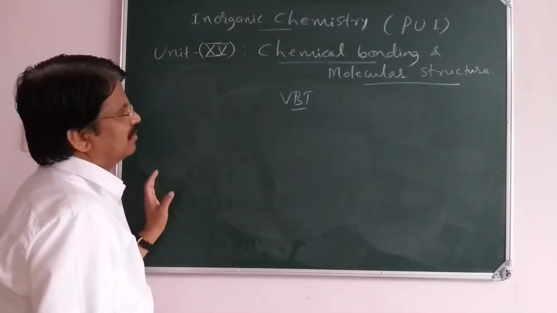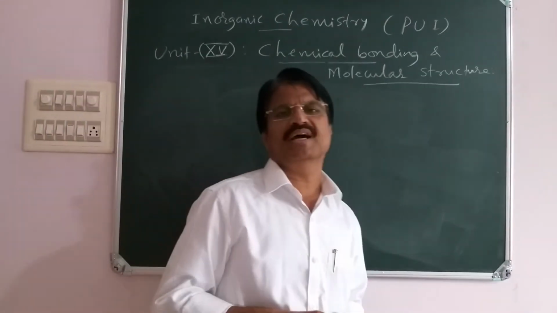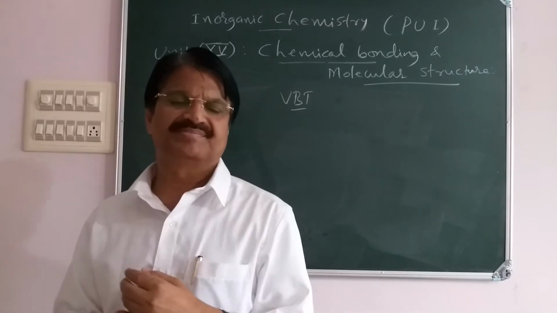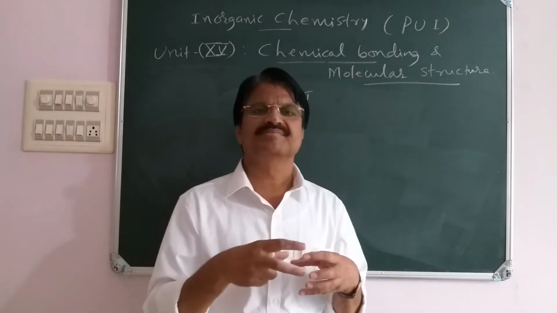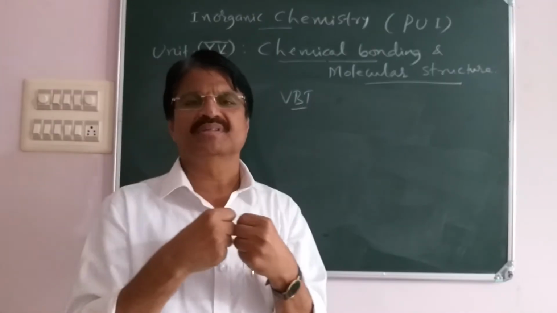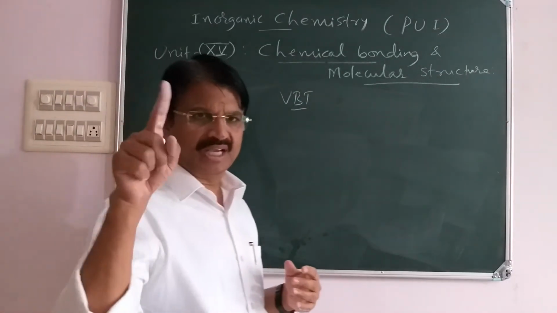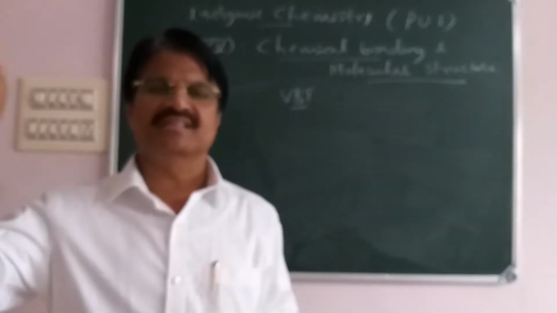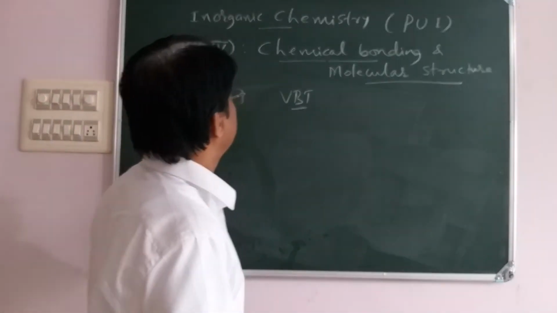According to Linus Pauling, the combining atoms should have an unpaired electron in the atomic orbital, and if atomic orbitals overlap or mix up, they can form new orbitals, said to be hybrid orbitals, having the same number as the original orbitals.